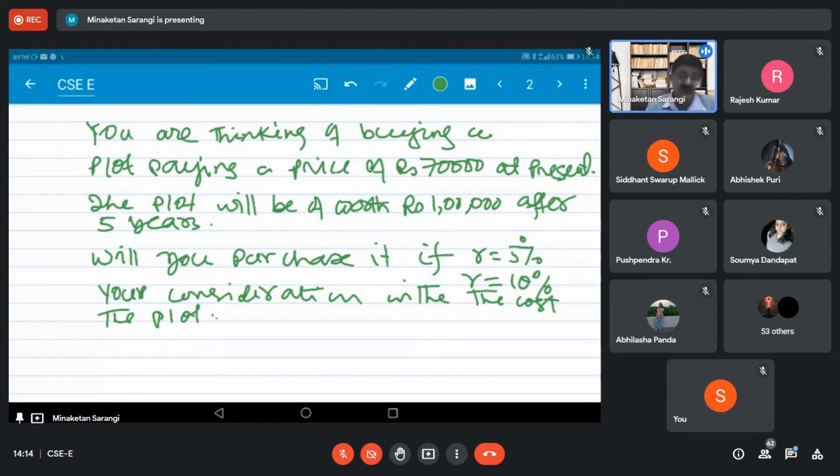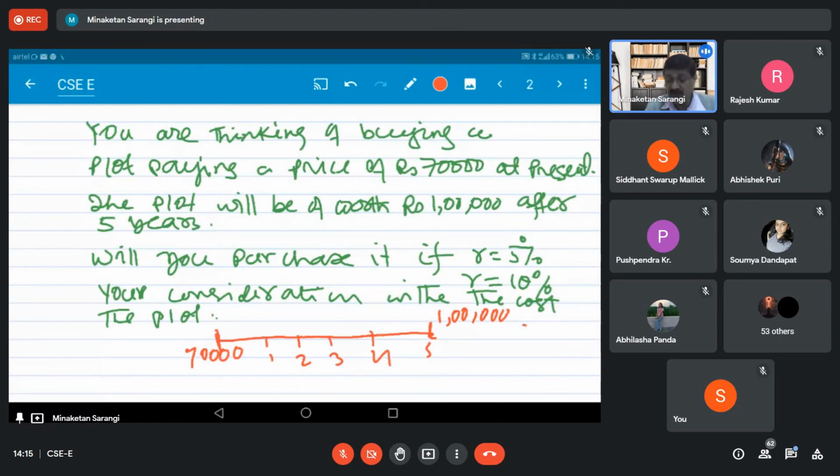So I am putting it in a timeline. You pay 70,000 right now, purchase a plot, and the plot will be worth, after 5 years, 1, 2, 3, 4, and 5, the plot can be sold at 1 lakh.